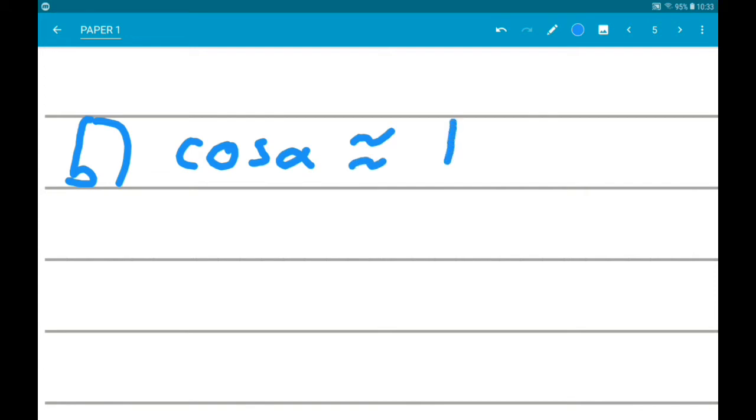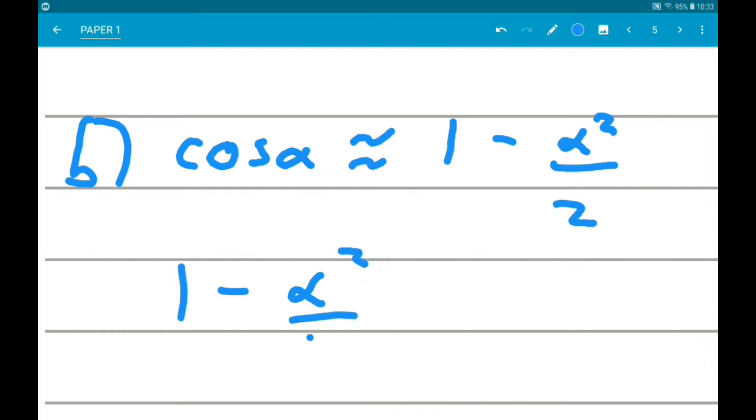So our equation becomes 1 minus alpha squared over 2 is equal to 2 alpha add 1 half.